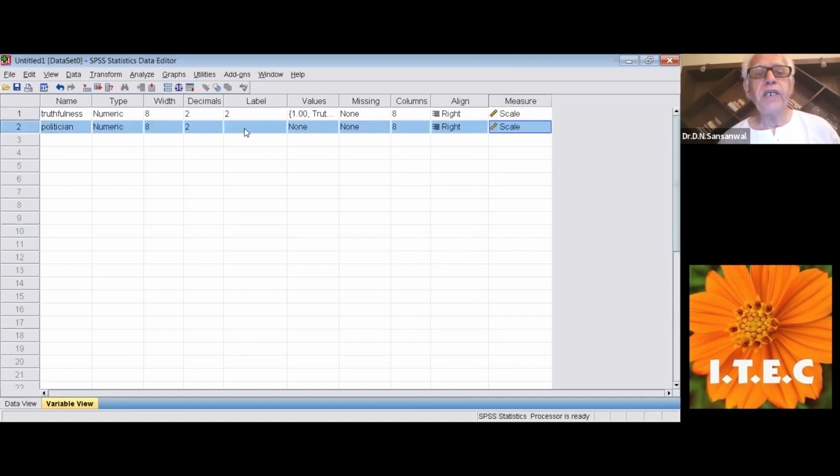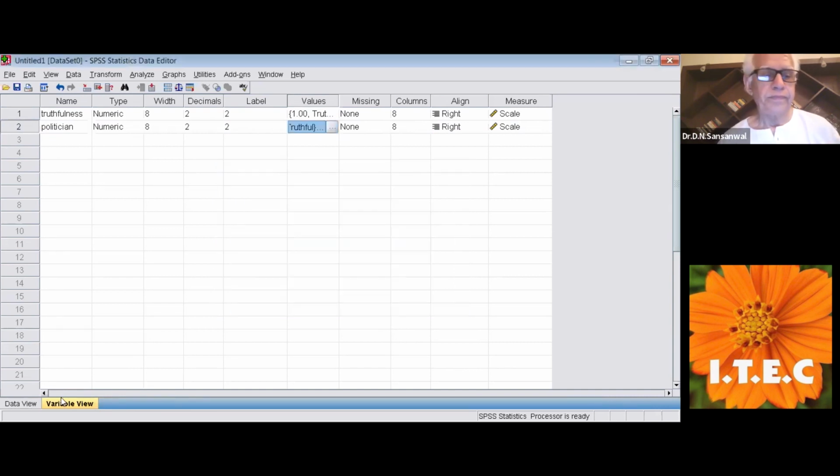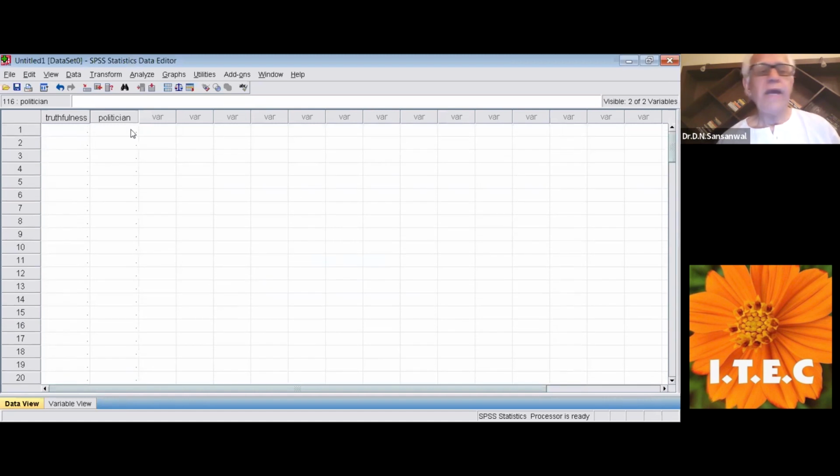So politician also, truthful or not truthful. Number one is truthful, number two is not truthful. So let us have the data.